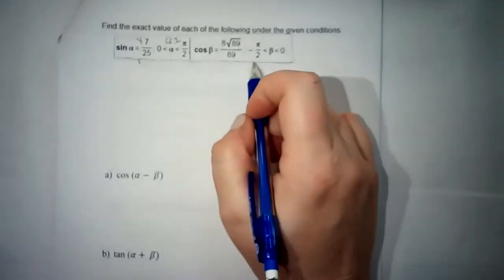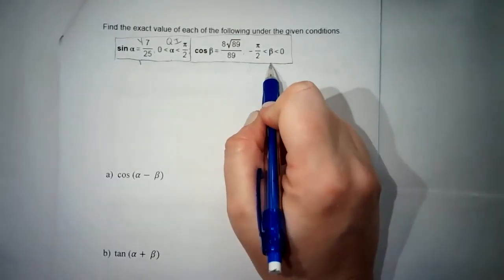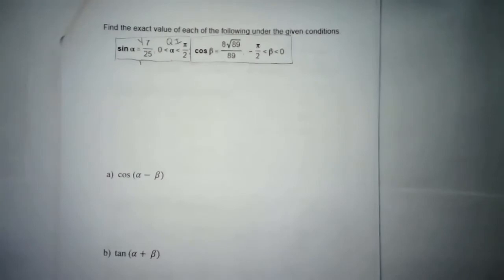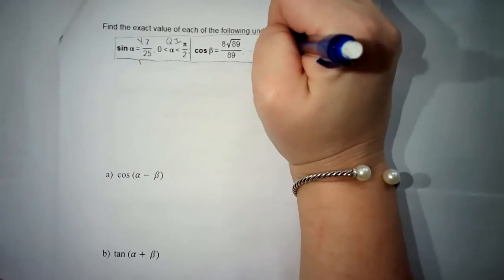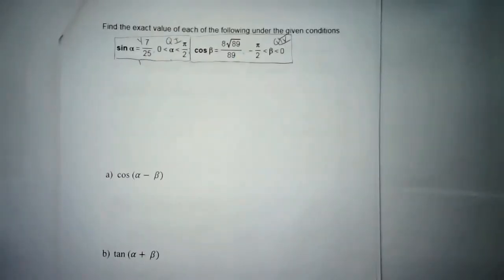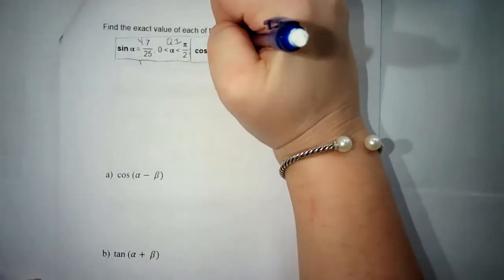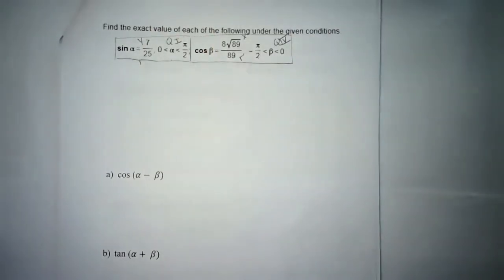Okay. Same thing with beta. This tells us beta is between negative pi over 2, that's down here, and 0. What quadrant is that? That's 4, right? Okay, that's going to be helpful. And it gives us cosine beta, which is going to be x over r.